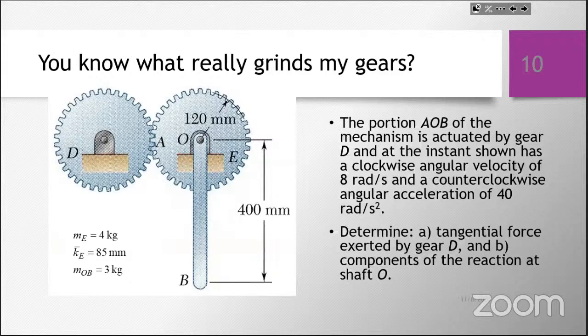Okay, so let's think about what this is doing. This portion, this thing, AOB, is rotating and has a clockwise angular velocity, so this is going to be rotating clockwise. So somebody going this way.